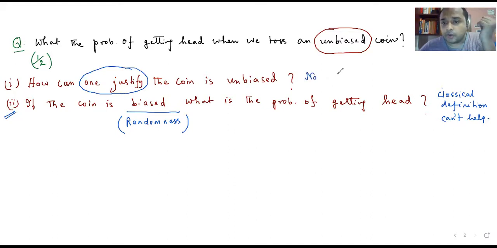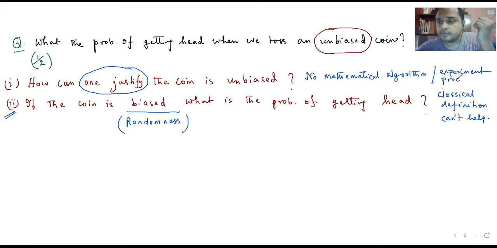The answer is, no mathematical algorithm or experimental process is available. We cannot justify whether the coin is biased or unbiased by any mathematical algorithm or experimental process.